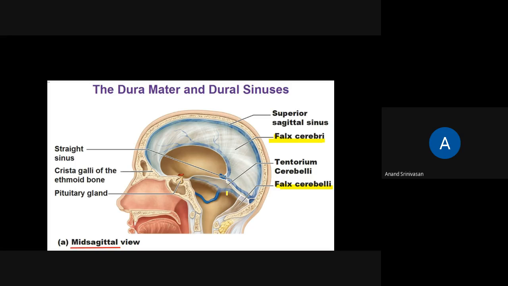There is another one which divides the cerebrum from the cerebellum. That is called the tentorium cerebelli.